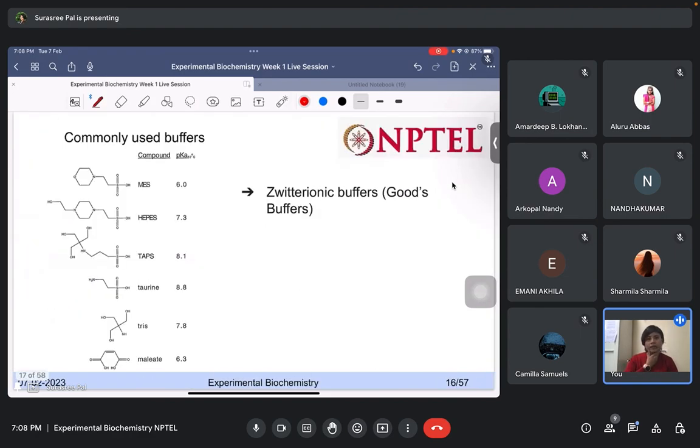Now another type of buffer is known as Good's buffers. These are zwitterionic buffers. You know what a zwitterion is, right? These buffers were developed by Norman E. Good.